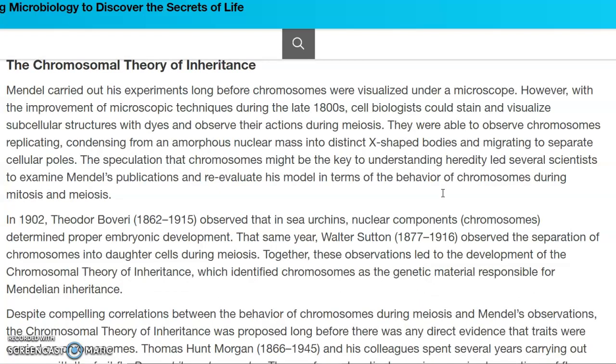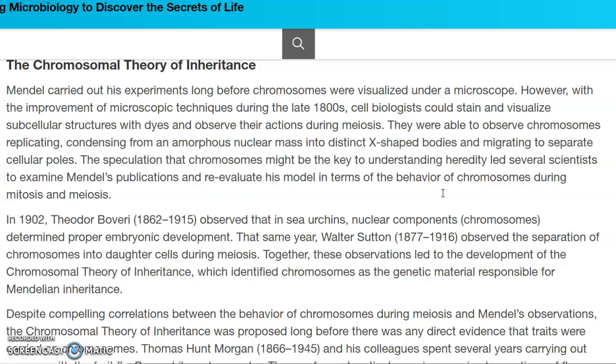Now, because he was carrying out his experiments before we knew what a chromosome was, this was part of why people didn't really understand or believe in his work, because we didn't know anything about chromosomes.